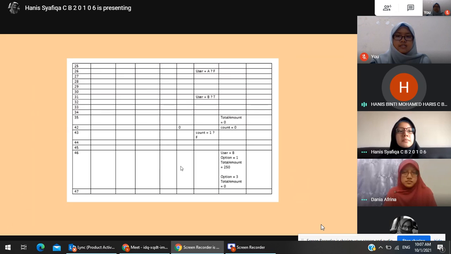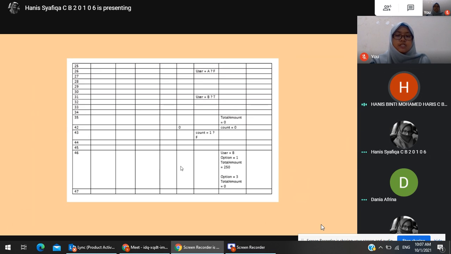Okay, next. And lastly, we have the second test data, where the user needs to enter the count. If the count is 1, it will enter the second test data, which is number 3, to check the balance, and then the total amount is 0.